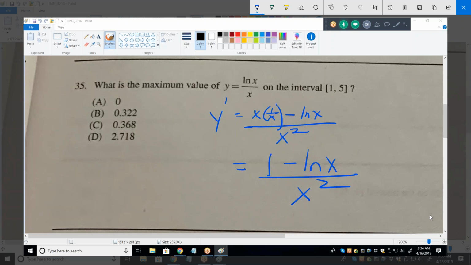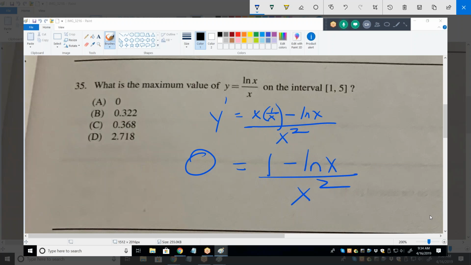And I'm going to set that equal to 0, which means what? Which means... How do I solve that? I'm not sure. Well, when 0 is equal to a ratio, you can solve it with just normal algebra. Multiply both sides by x squared.